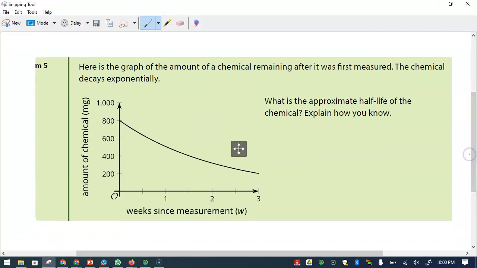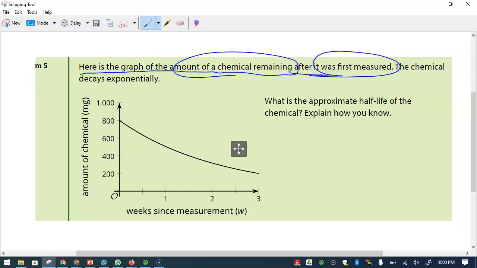So this is question number 5. You're given a graph of the amount of chemical remaining after it was first administered or measured. The chemical decays exponentially because you can see the graph is going down. What is the half-life? In the beginning, it was 800.